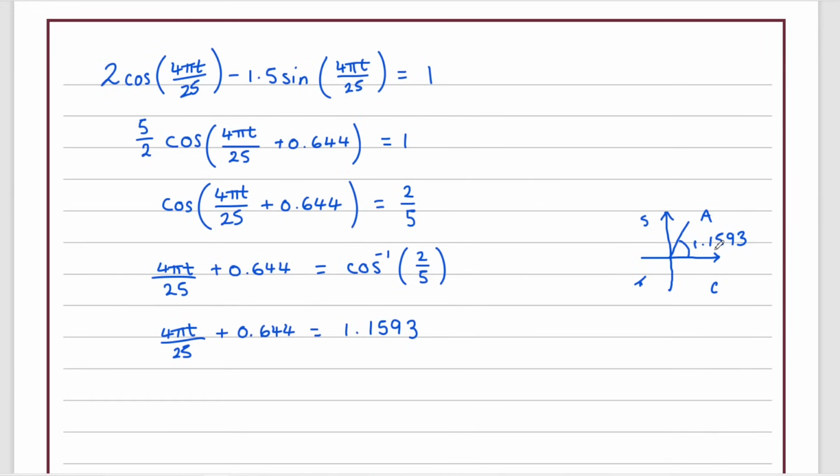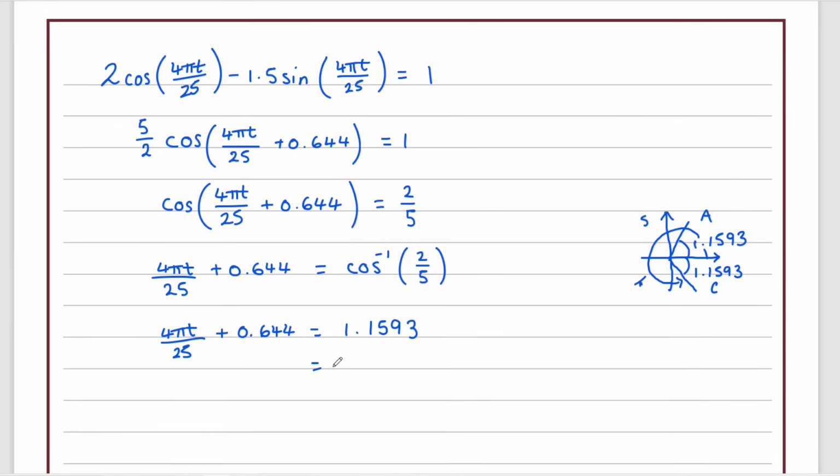Now my next solution using our CAST diagram occurs in this quadrant here. This angle again is 1.1593. However, the angle that we're looking for is starting from this line and going all the way around until we meet this line again. To find that, that would simply be 2 pi radians minus the angle in between, which is 1.1593.